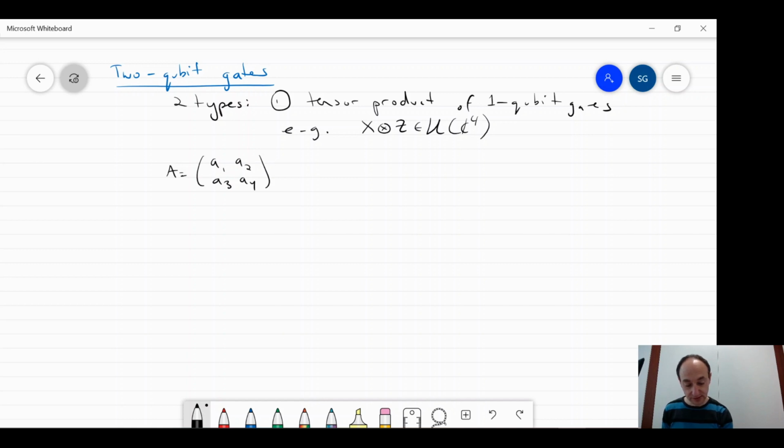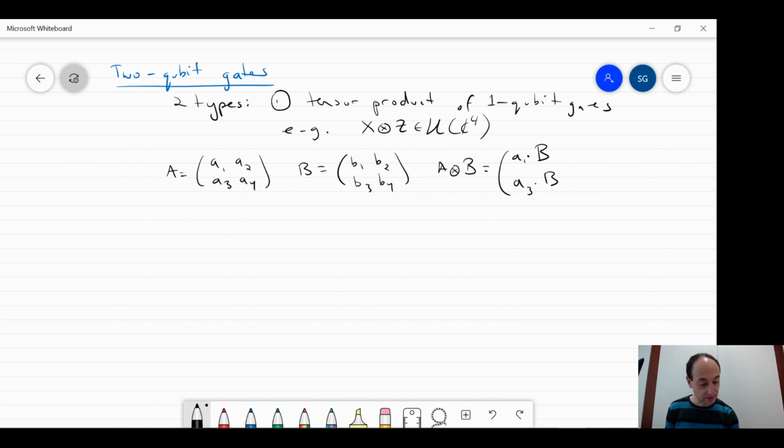There's A, for example, and here's B. These are just 2x2 matrices. And if I take their tensor product, for completeness, remember, it's super simple. It's just going to be, take the first entry of A and put in a copy of B, take the third entry, in this case, put in a copy of B, and so forth. And when you expand this out, you'll see that you get an operator that acts on C^4. It'll be 4x4 instead of 2x2.